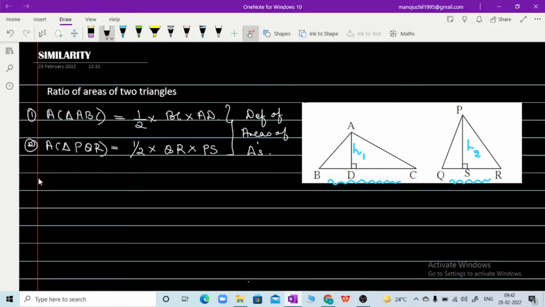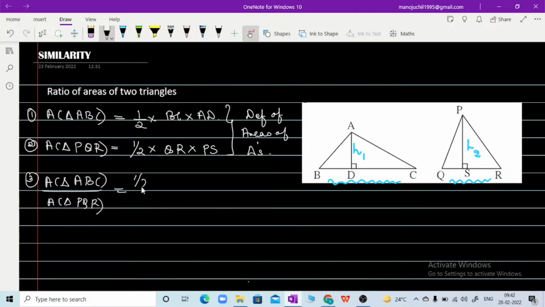Now point number 3, we'll try to divide LHS by LHS. So area of triangle ABC upon area of triangle PQR will be equal to, I divided LHS by LHS, now I am dividing RHS by RHS.